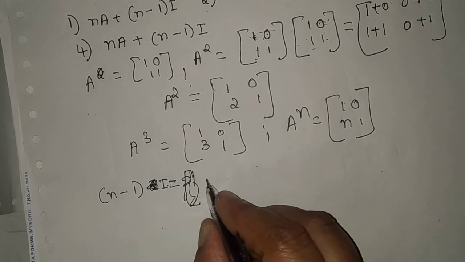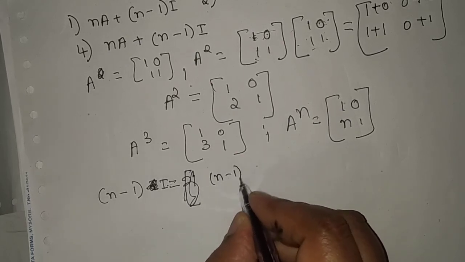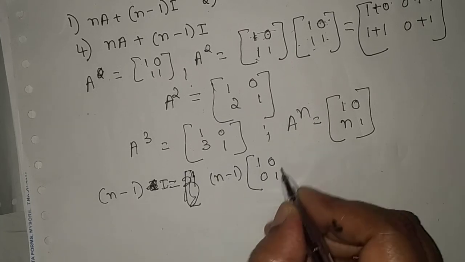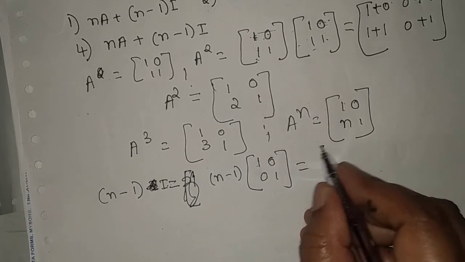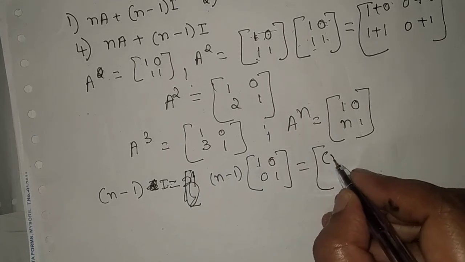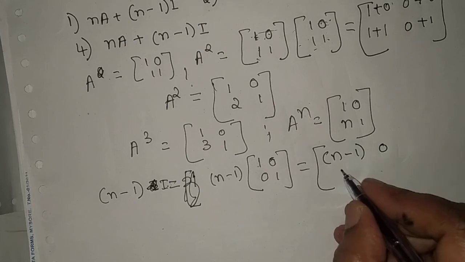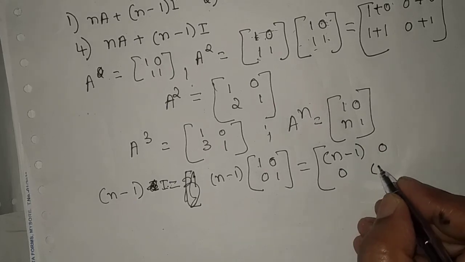So what happens? n minus 1 into, what is I? It is the identity matrix [1 0; 0 1]. Multiply this, that is 1 into n minus 1, 0, then 0, again n minus 1.